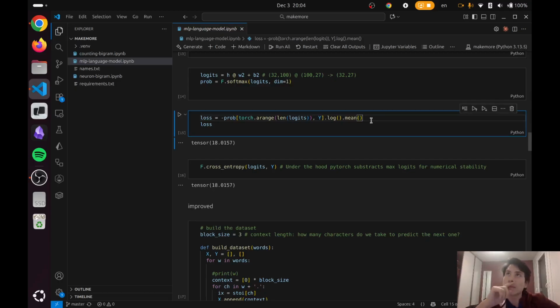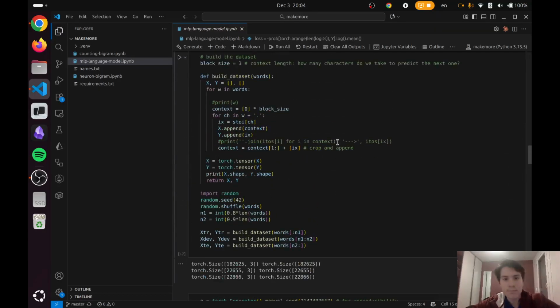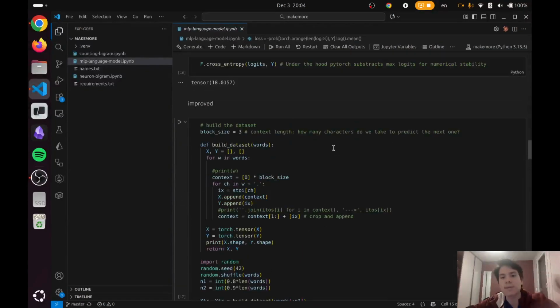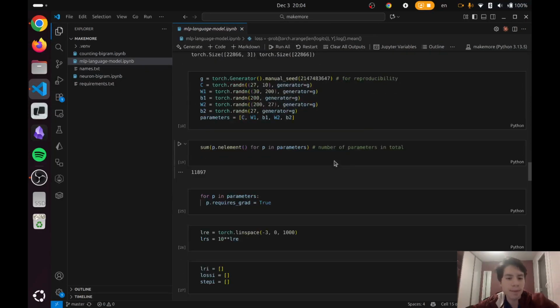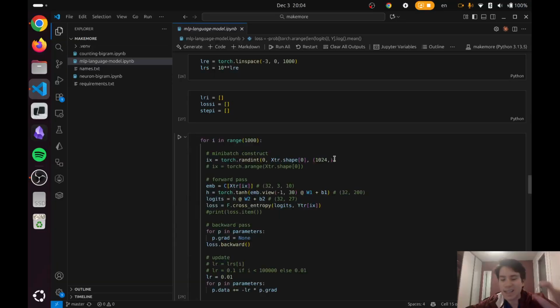If you exponentiate a very small number, a negative number, you get a very small number and it's fine. But if it's very large, then you get infinity, and infinity is not a number, and then you get errors. So what PyTorch does under the hood is that it subtracts the maximum number in order to have numerical stability. Then this is a generalization of what we did. It's just making it a bit pretty, and also implementing a little bit of mini batch.